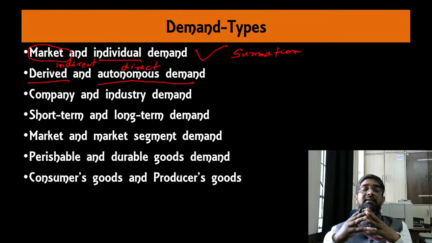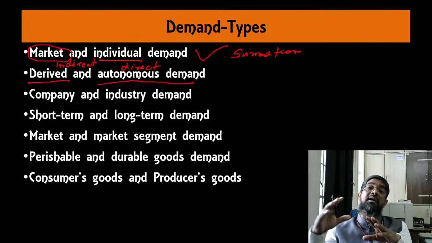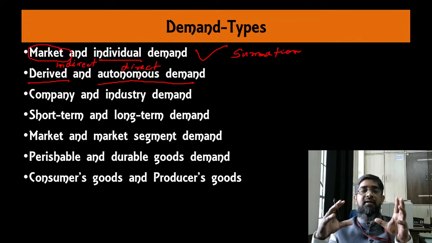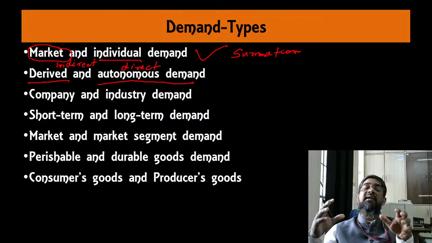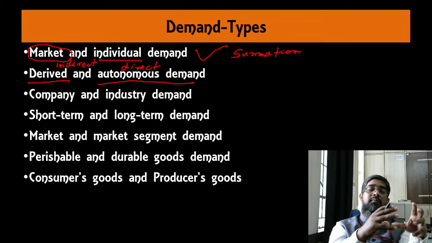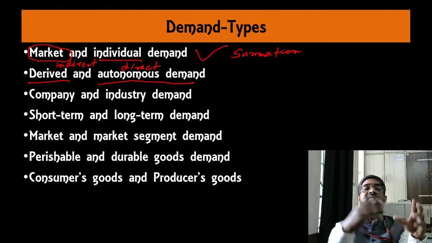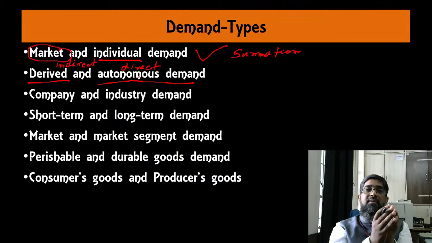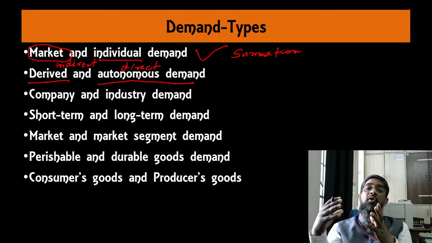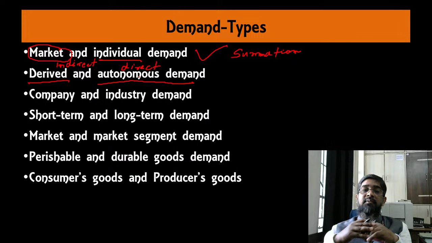Whereas derived demand is a demand which depends on demand of other commodities. Say for example rubber, tires are manufactured from rubber. If car demand or truck, buses demand increases, demand for rubber by the tire manufacturing company will go up. तो जो रबर का डिमांड है, that is a derived demand, indirect demand, depending on demand of tires by the vehicle manufacturing company. तो उस तरह से वो derived demand होता है.